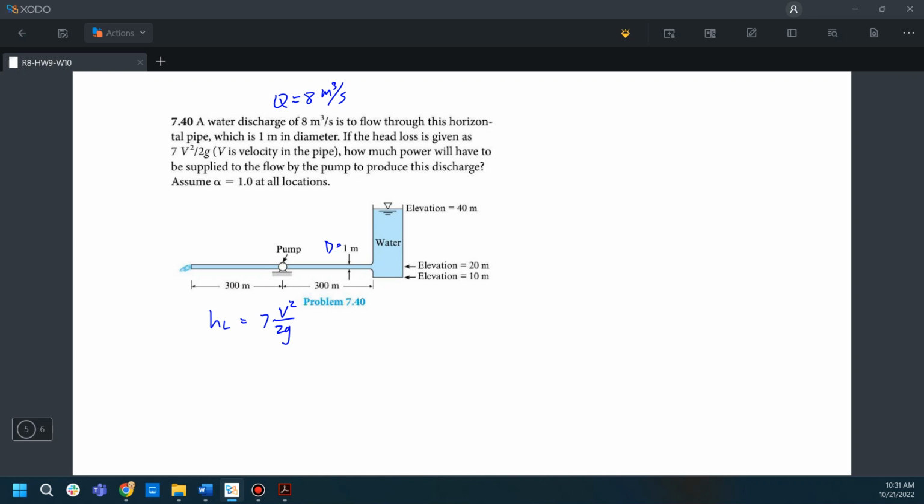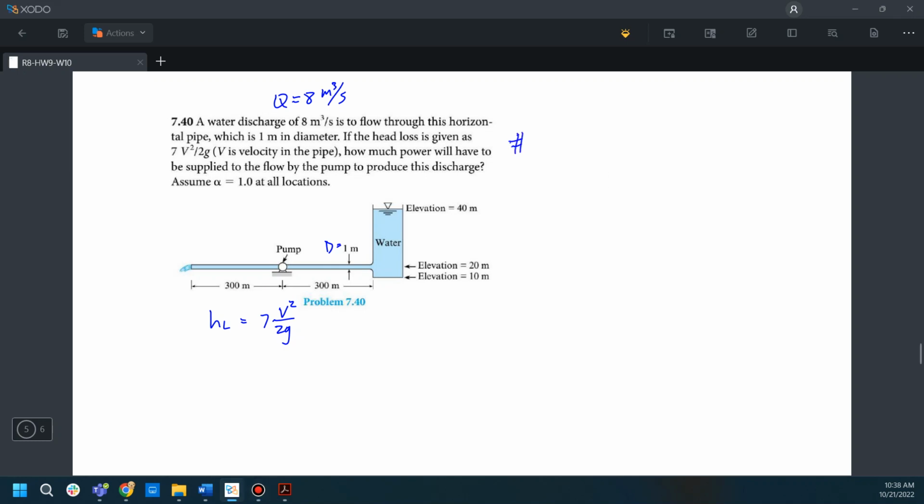So our plan is to find power using the power equation. The steps are to find the velocity in the pipe using the flow rate equation, then find the head of the pump using the energy equation, and then we can calculate the power. So let's start with the flow rate equation.